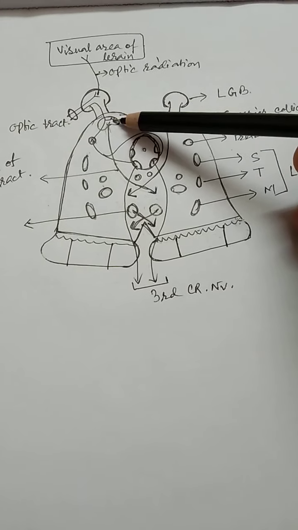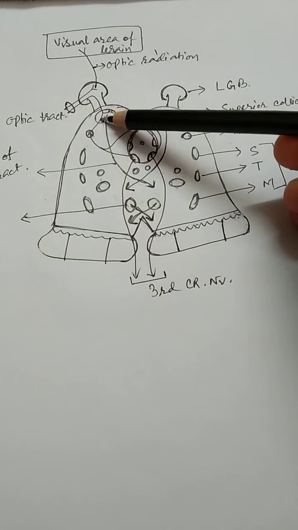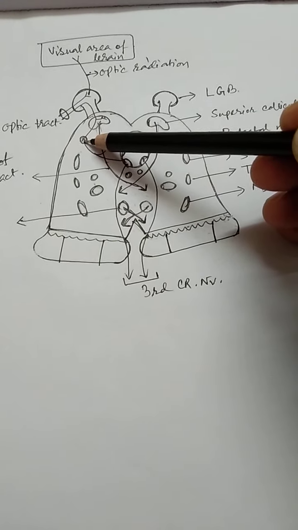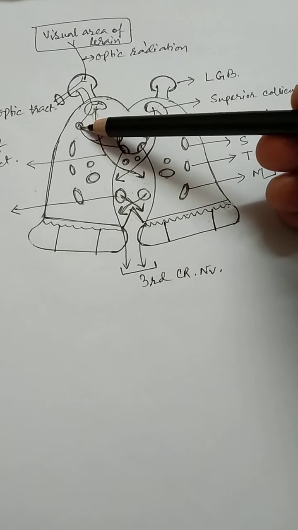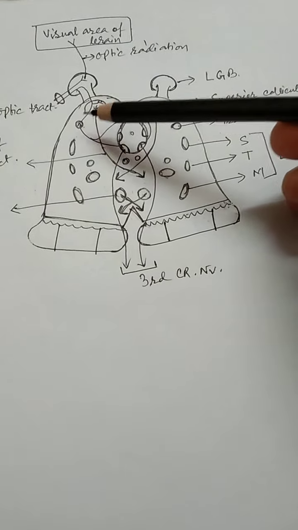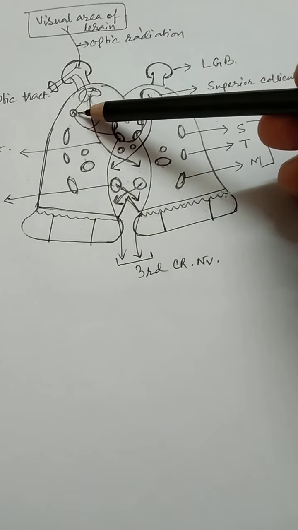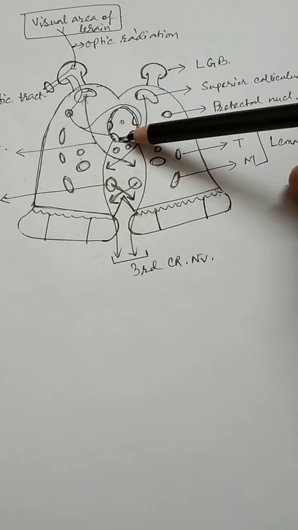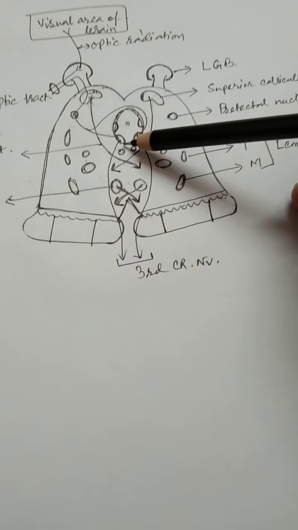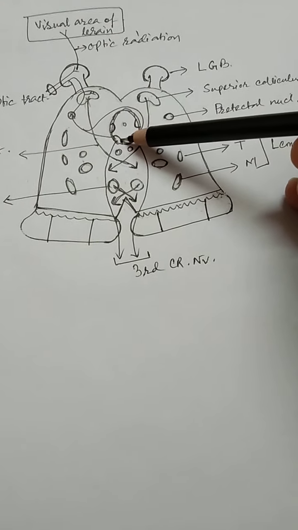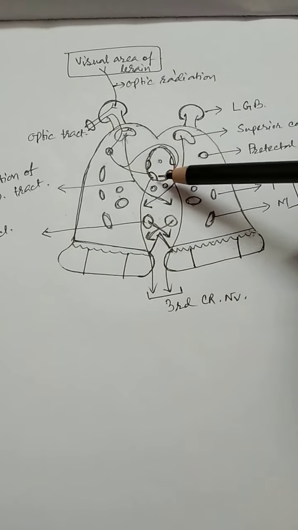Now, the fibers of the optic tract either relay to the superior colliculus or relay to the pretectal nucleus. After reaching the pretectal nucleus, the second order neurons from the pretectal nucleus stimulate the cranial nerve nuclei, here the third cranial nerve nuclei.